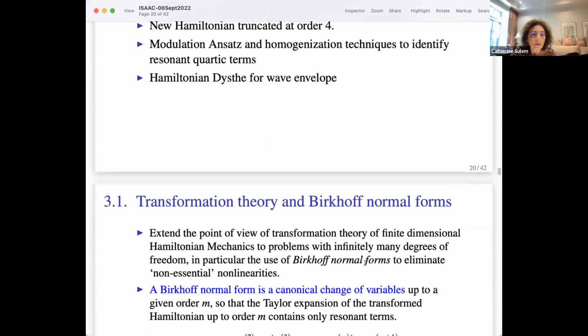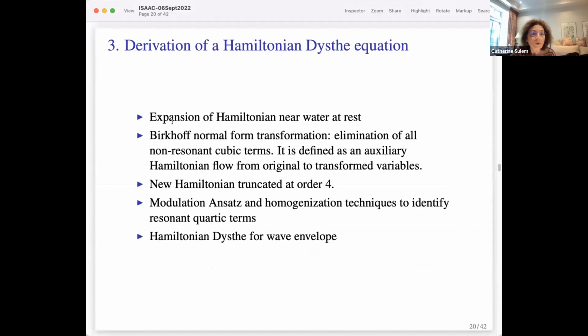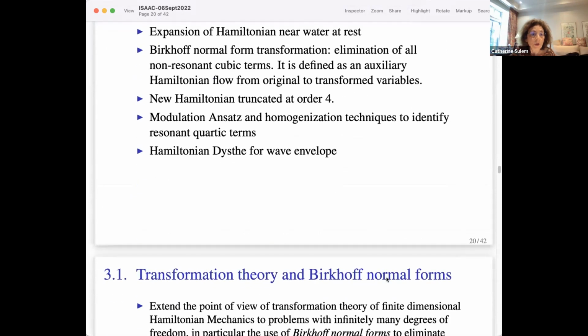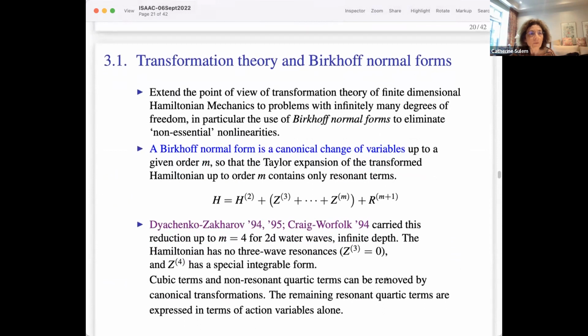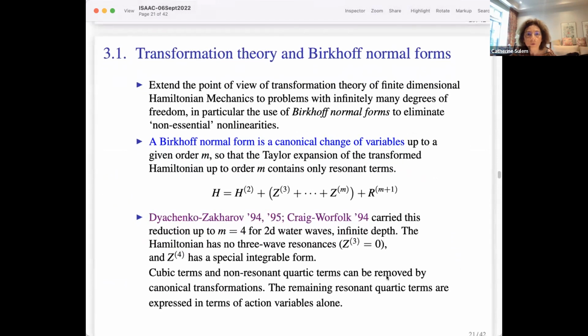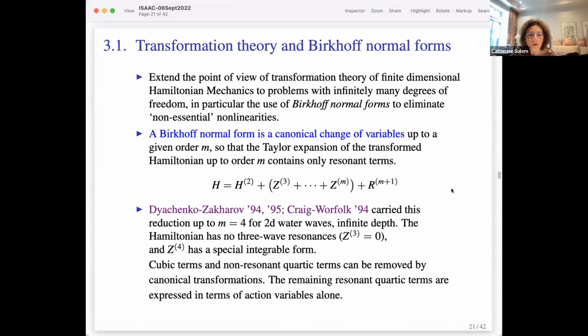Okay, so the first step we've seen earlier: the expansion of the Hamiltonian near the zero solution. The next step is the Birkhoff normal form. I have summarized it here, trying not to go too much into calculations.